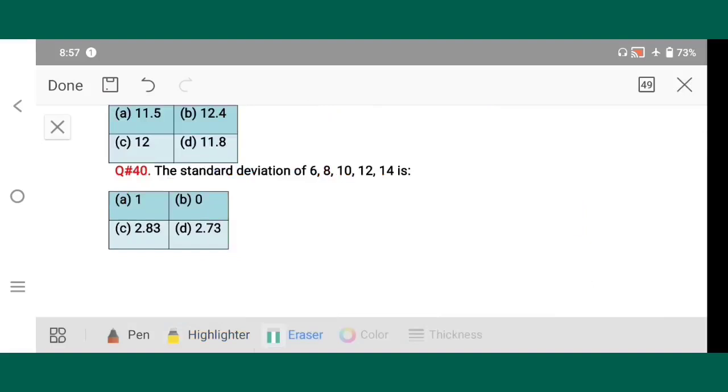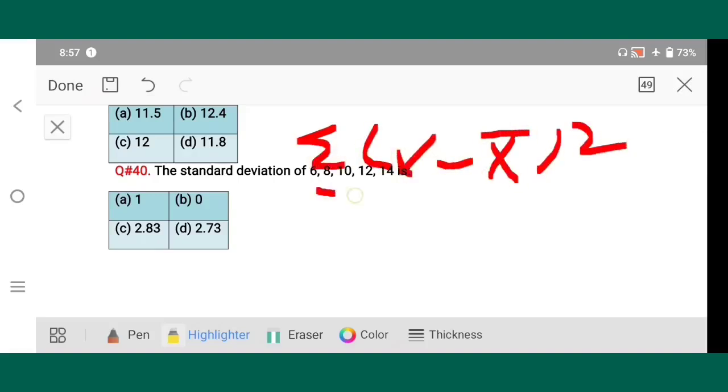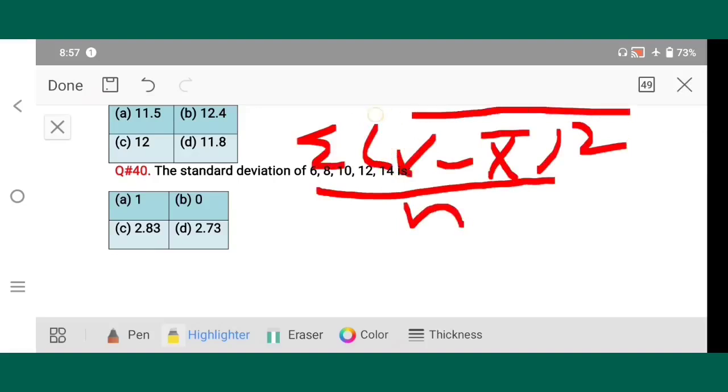Question number 40. The standard deviation of 6, 8, 10, 12, 14 is, the options are 1, 0, 2.83, 2.73. Here I'm just giving you the formula: summation x minus x bar whole square divided by n, and take the square root. This is the basic formula to find the standard deviation.